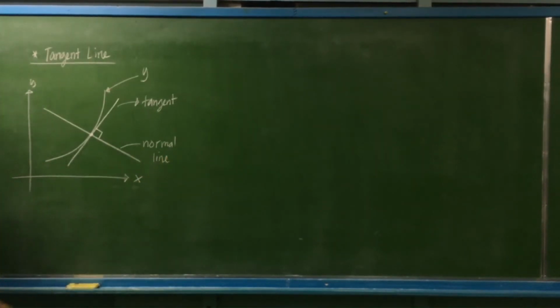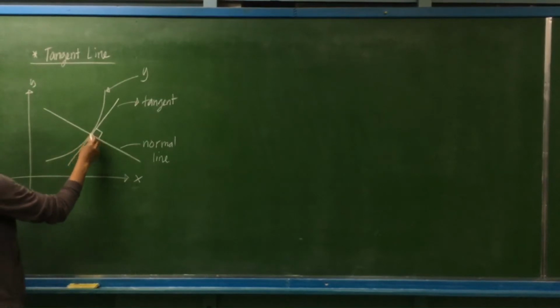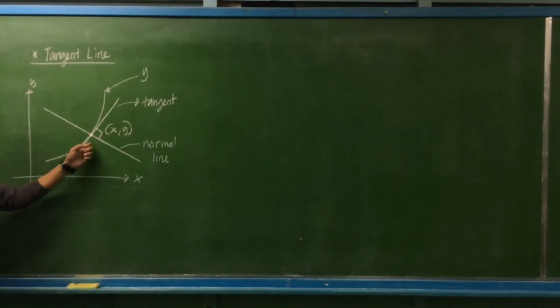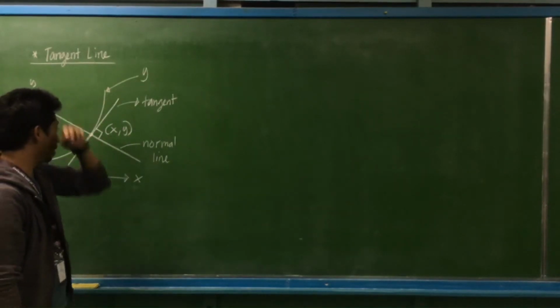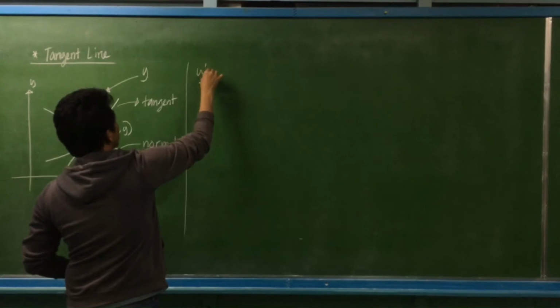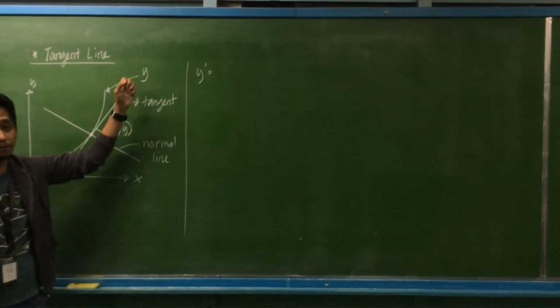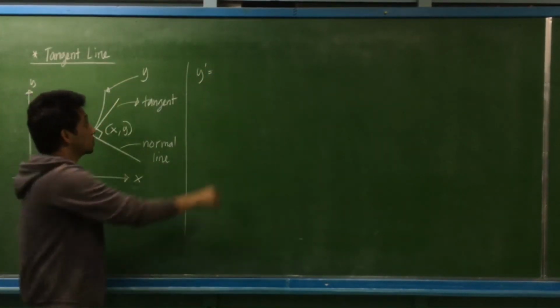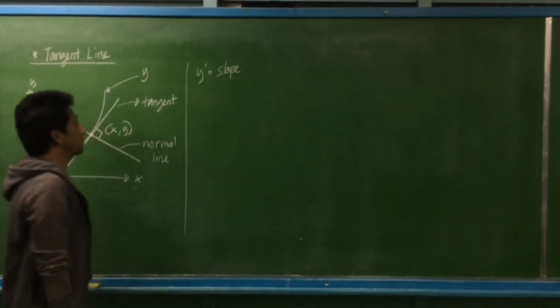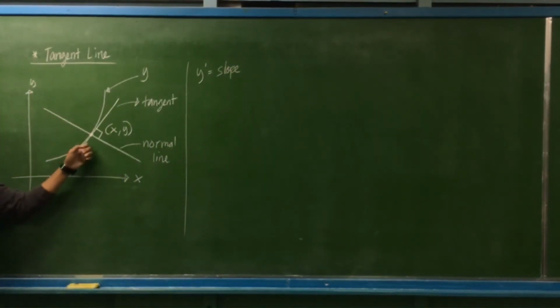So how to determine the equation of a tangent line, and the equation of a normal line, at a given point? Let's say this is a specific point x, y on the curve y. Basically, y prime, the first derivative of the given function y, is the same as the slope of the given function at the given point.